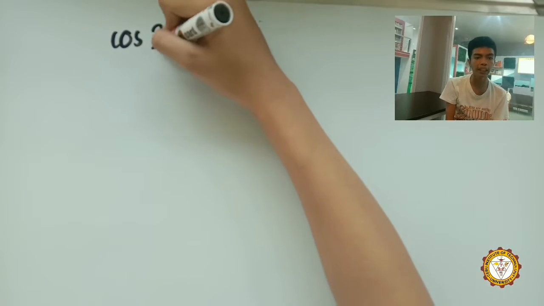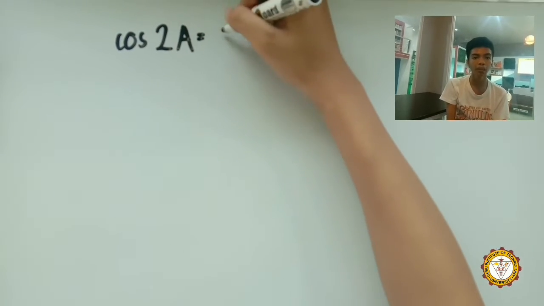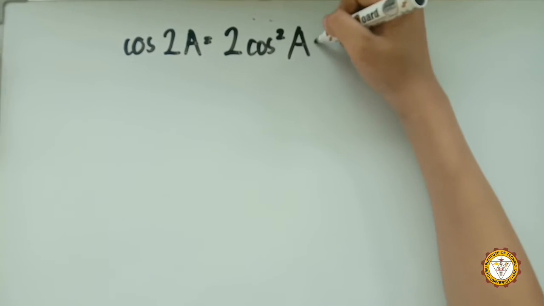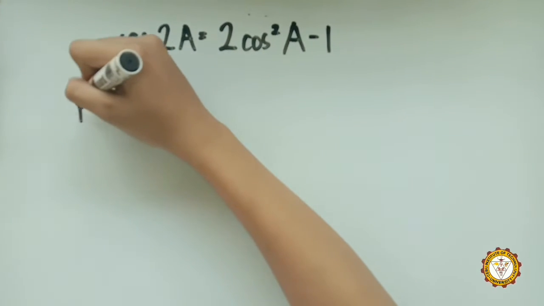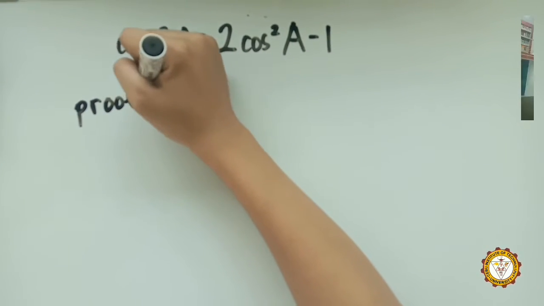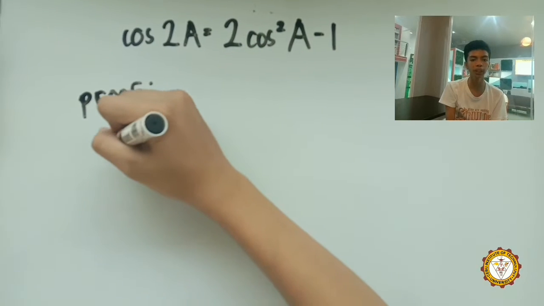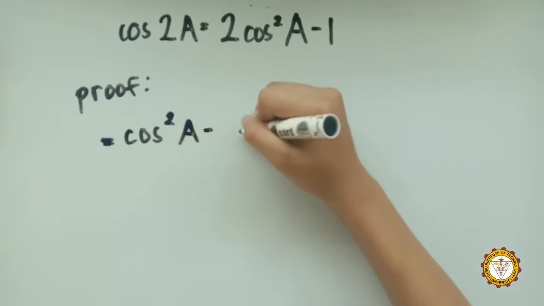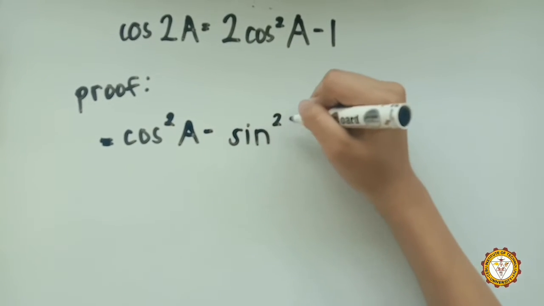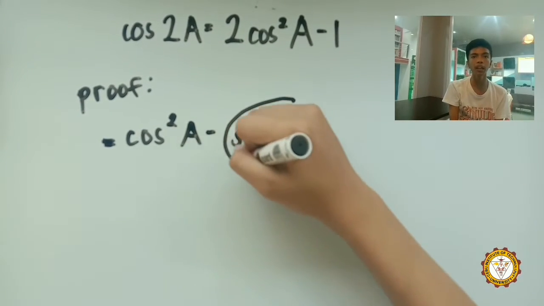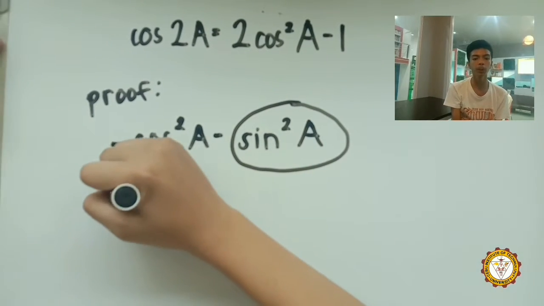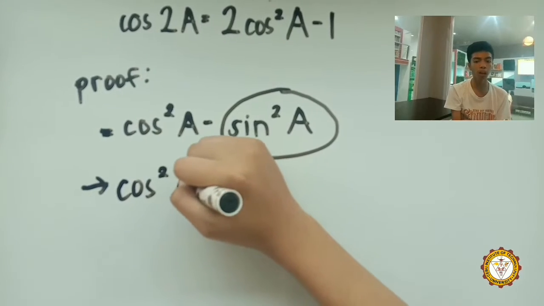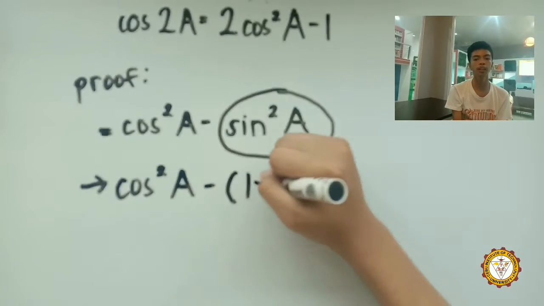The formula is cos 2A is equivalent to 2 cos squared A minus 1. We all know that cos 2A is equivalent to cos squared A minus sine squared A. In this formula, we're going to use the Pythagorean identities for sine squared A. So it will be equivalent to cos squared A minus (1 minus cos squared A).